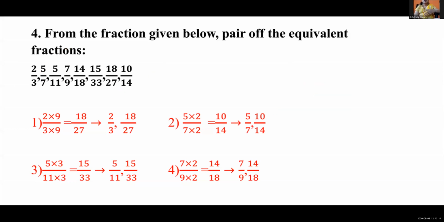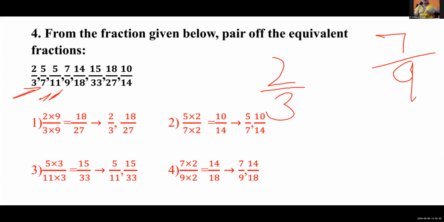Students, see in the 3 times table which number is coming? 7 is coming, no. 11 is coming, no. 9 is coming. So we'll take 9. 7 upon 9. Okay. 14 upon 18.